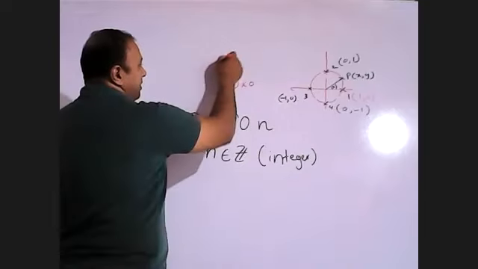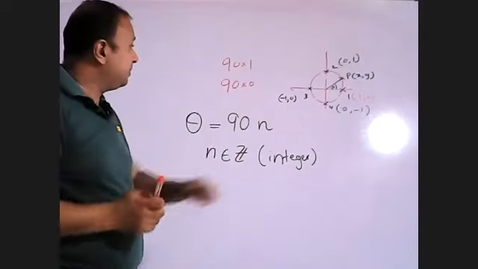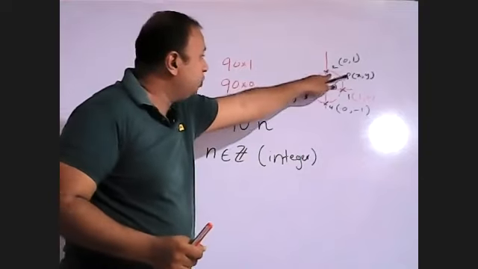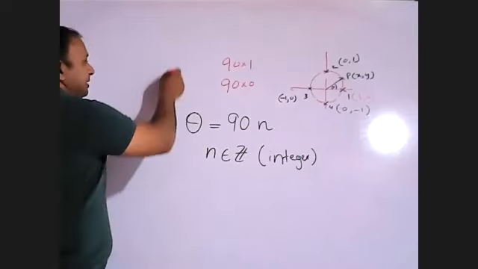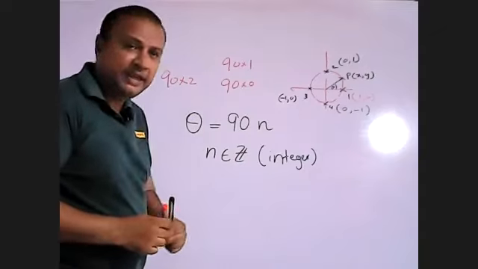If I multiply 90 by 1, the angle is 90, so that is related to point 2. If I multiply 90 by 2, it is equal to 180.